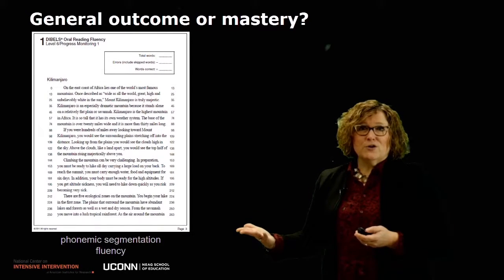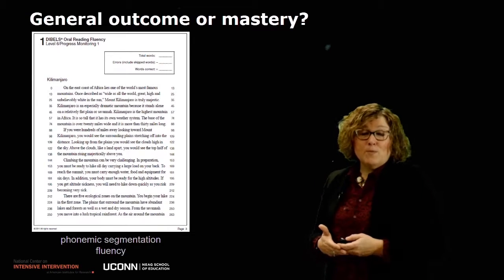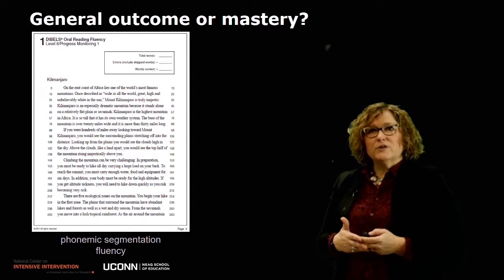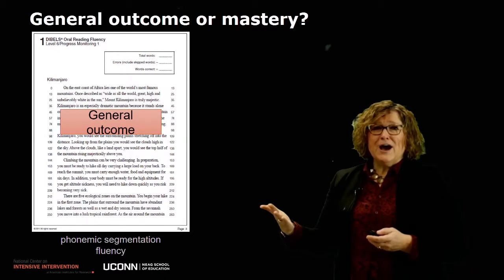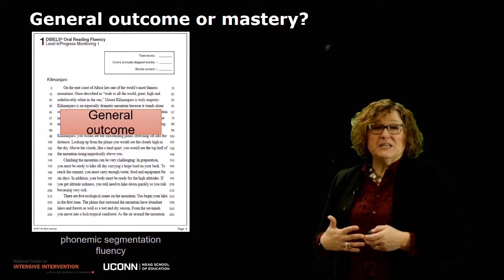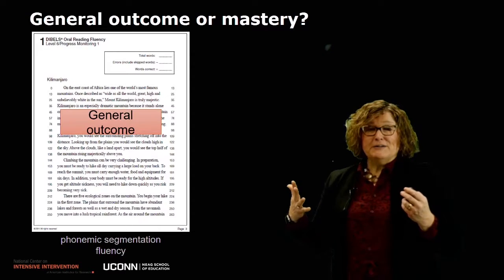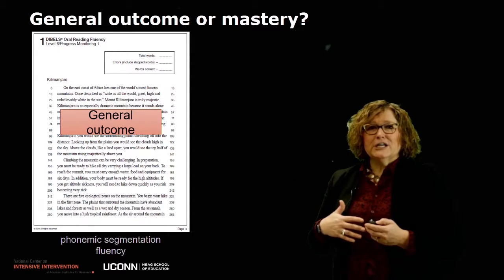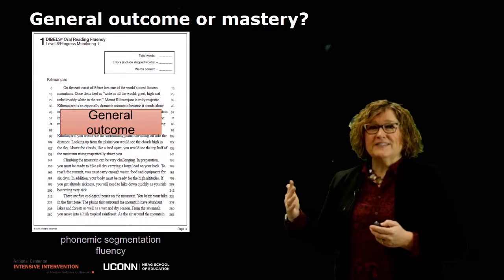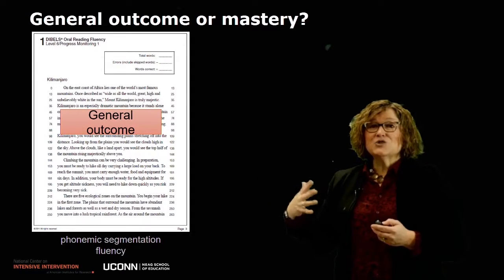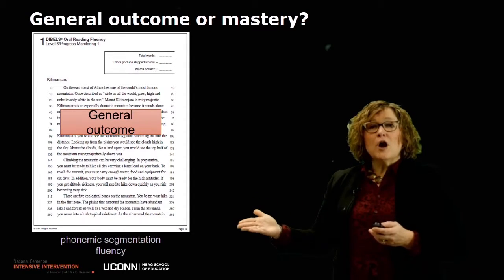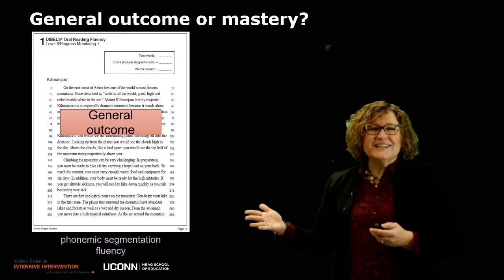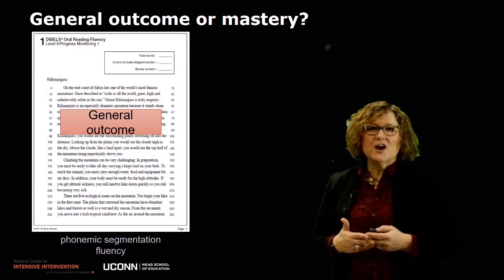Another example of a general outcome measure, and perhaps a more common one, is this example of an oral reading fluency measure. So while reading aloud and counting number of words read correctly may not seem to be particularly groundbreaking or earth-shattering, there is a ton of evidence to support that oral reading fluency is an extremely good measure, very evidence-based, to provide an overall sense of how students are progressing and how proficient they are in reading.